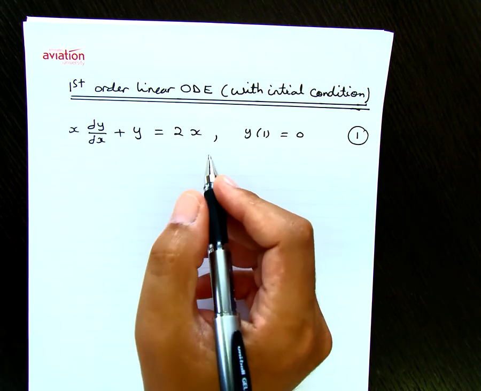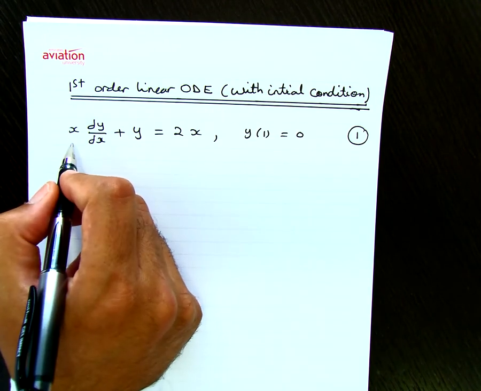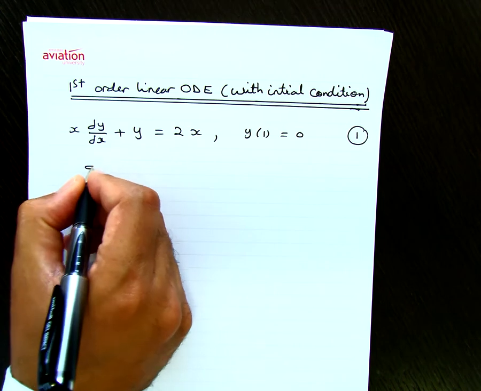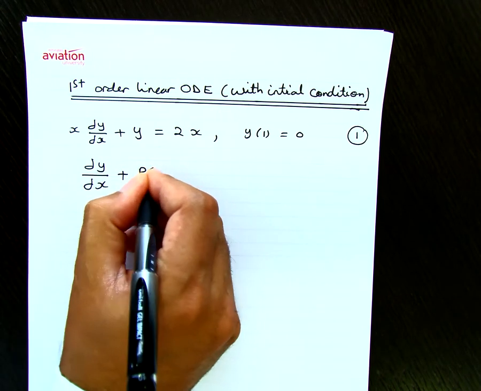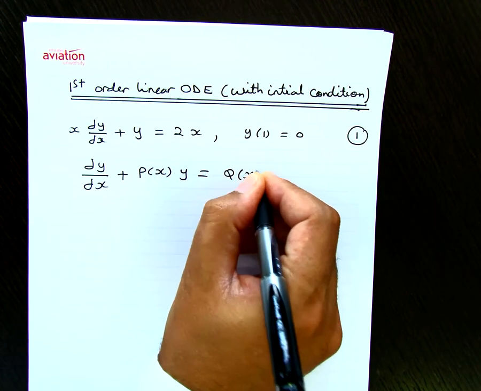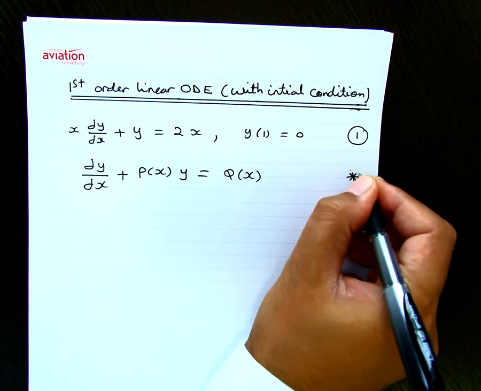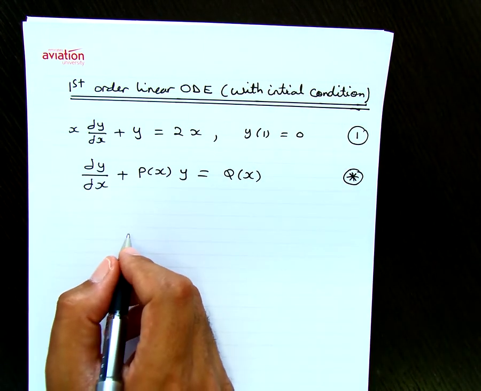Now let me just remind you that this equation is not in standard form. The standard form, let me write it down here, is dy/dx plus p of x times y equal to q of x. Remember, this is the standard form of the first order linear differential equation.